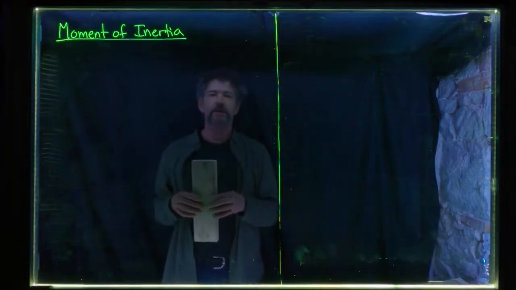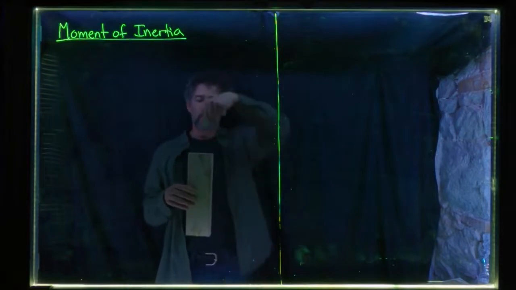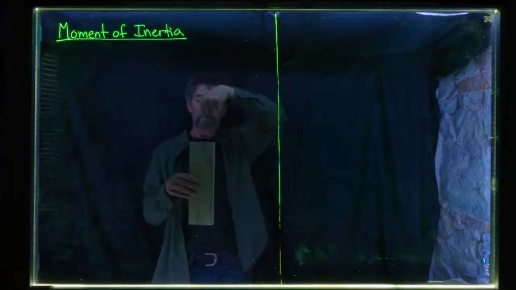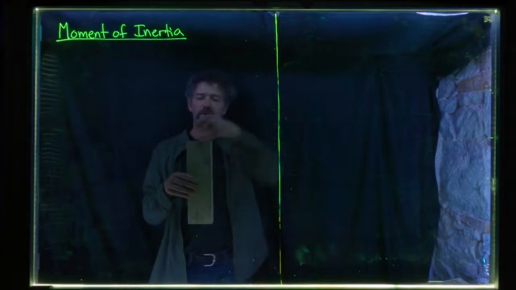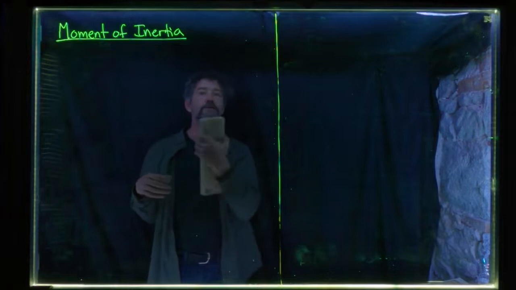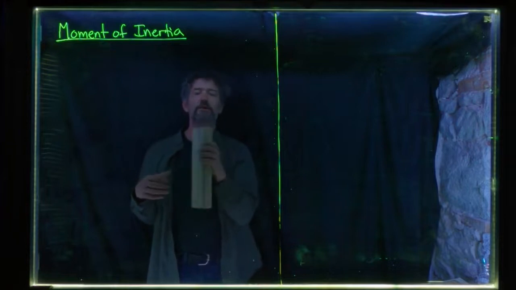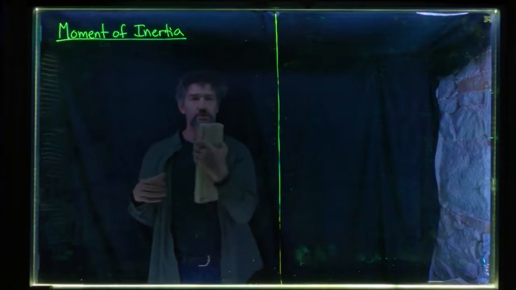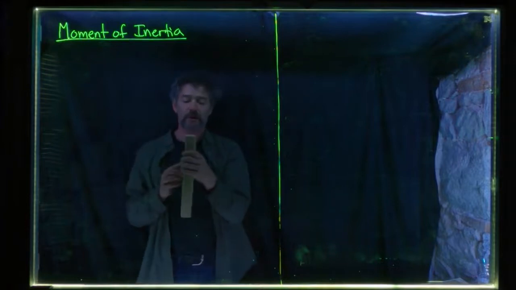So for instance, suppose that I wanted to rotate this object about a vertical axis passing through its center of mass. So I'd exert a twisting force like this on it. And it's really easy to get this thing to rotate. It presents very little resistance to changes in its angular velocity. Okay?